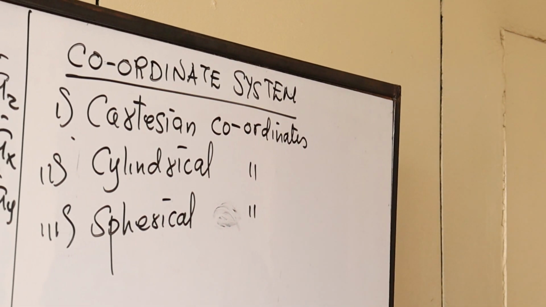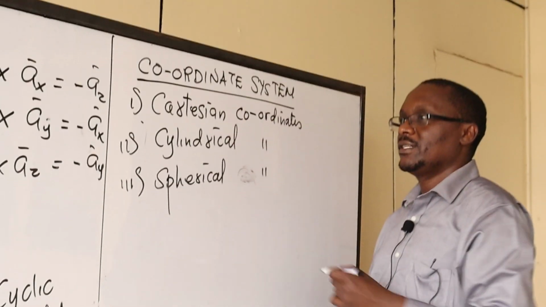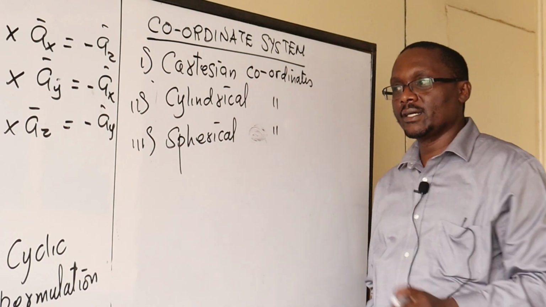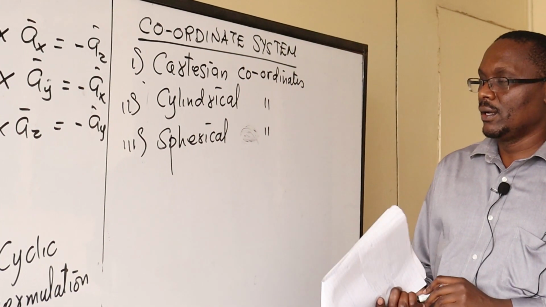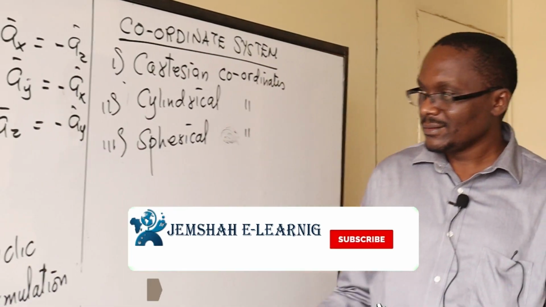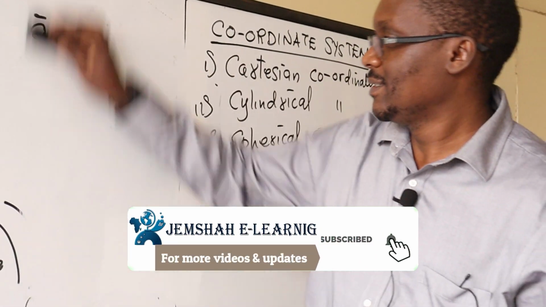Now that all of us know the Cartesian coordinate system, I'm going to focus on the cylindrical and spherical coordinate systems. So let us start with the cylindrical coordinate system.